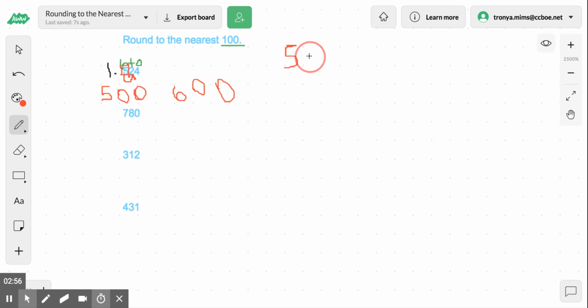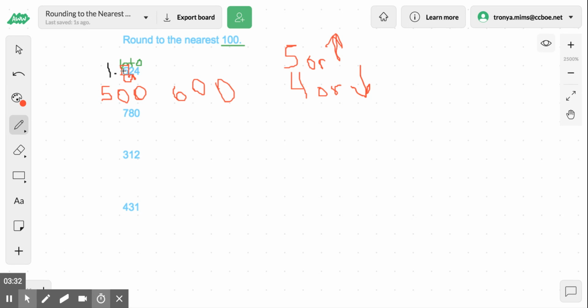So if it's 5 or higher, we are going to raise the score. So 5 or more, we raise the score. Okay, so it's a number 2 that it's pointing to. That's not 5 or more. So our next step is 4 or less. If it's 4 or less, we're going to keep it and let it rest.